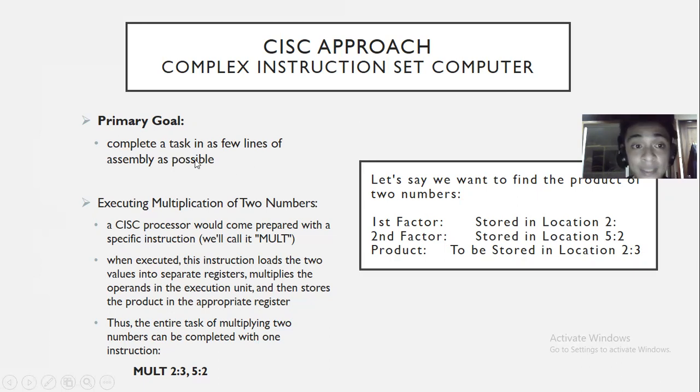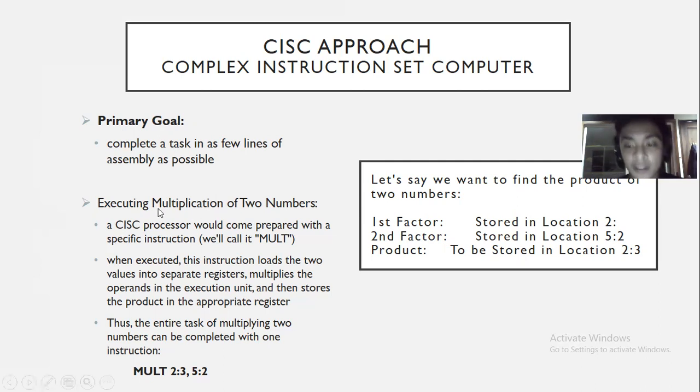Its primary goal is to complete a task in as few lines of assembly as possible. The key phrase is few lines of assembly. So it has shorter instructions. That's what it wants, but it should enable the same processes as its counterpart, the RISC. We're going to explore that in a little bit.